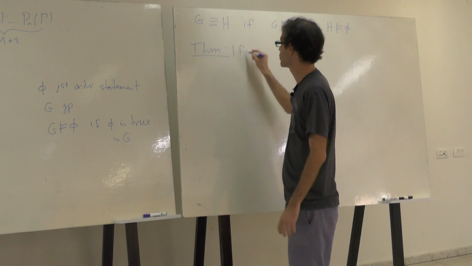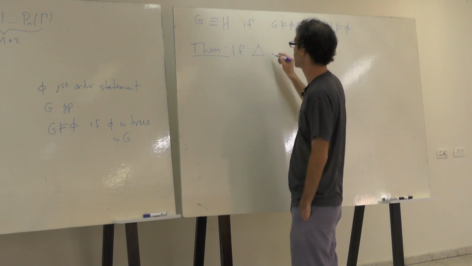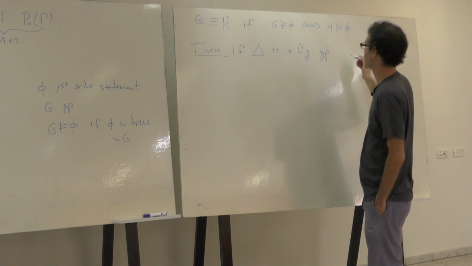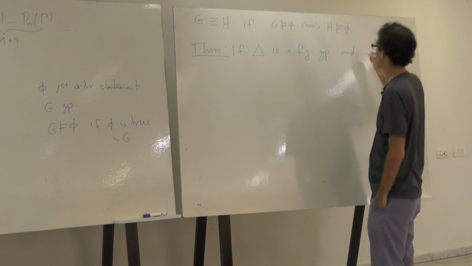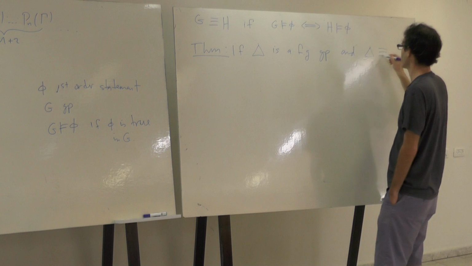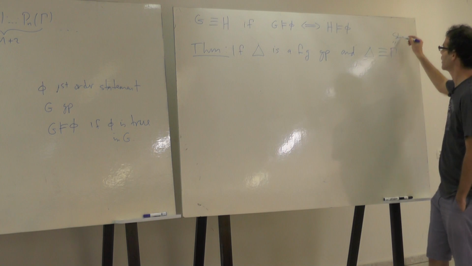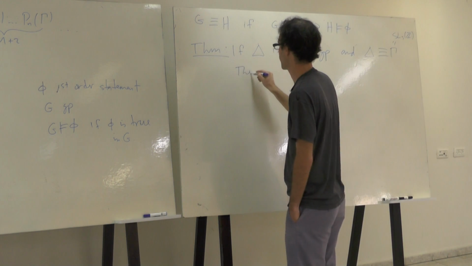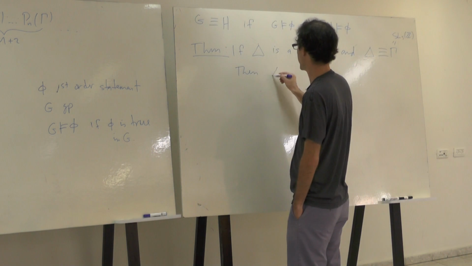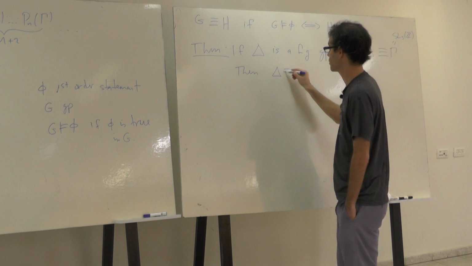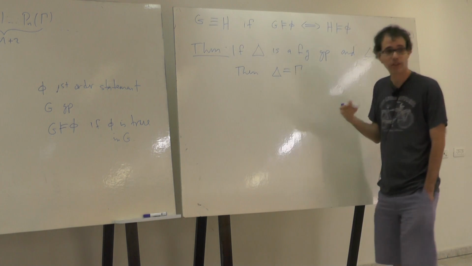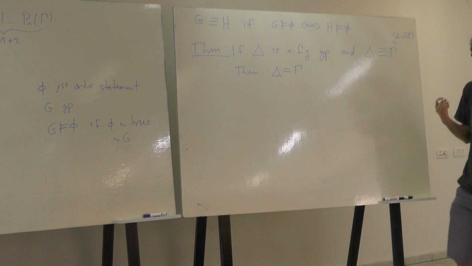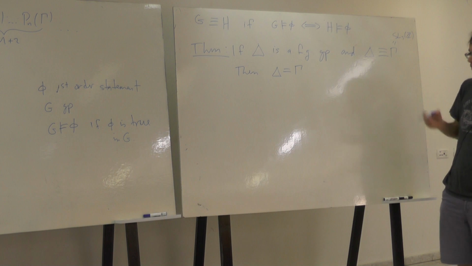So precisely, if delta is a finitely generated group and delta is elementary equivalent to gamma, remember gamma is SL3Z, then delta is actually isomorphic to gamma. Okay, this is kind of first order rigidity of a group. This is your theorem. This is the theorem.